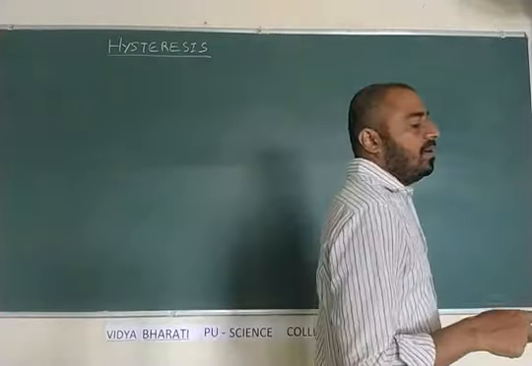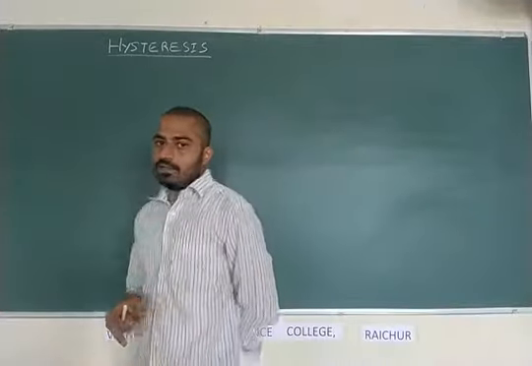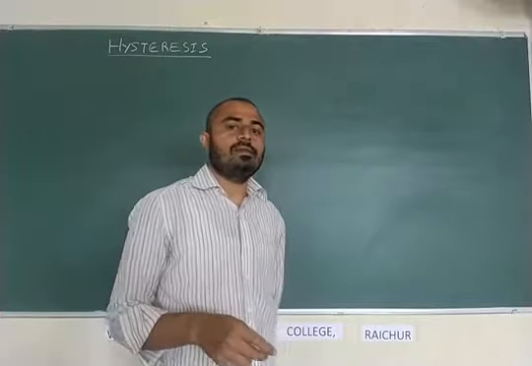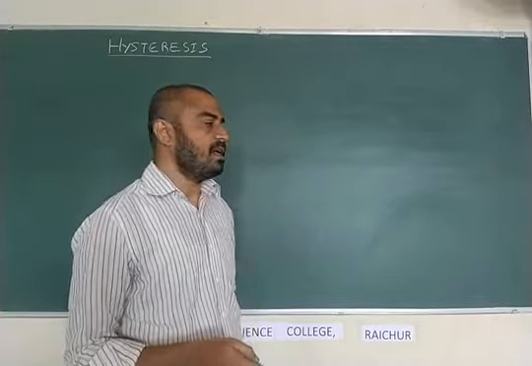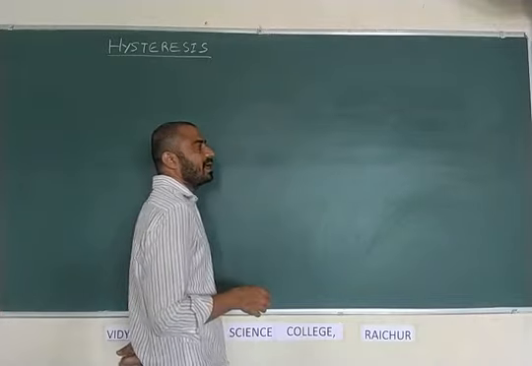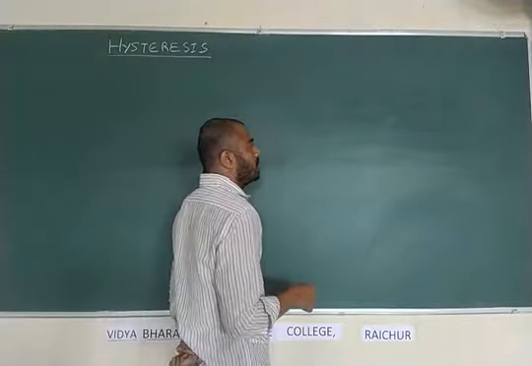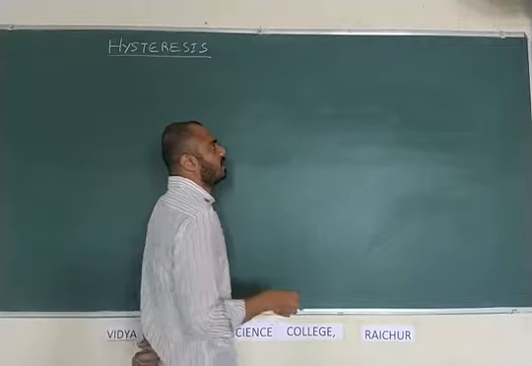B is magnetic induction or net magnetic field, and H is magnetizing field intensity. The graph obtained by plotting B versus H is called a hysteresis curve or hysteresis graph.